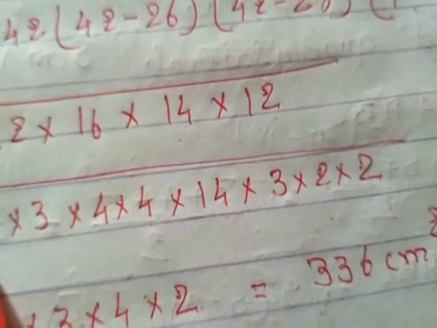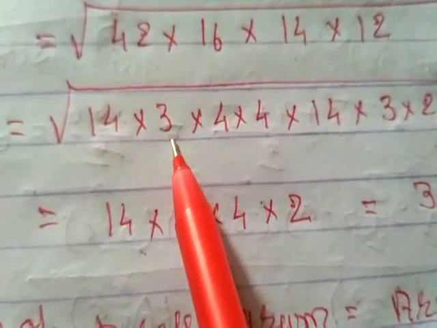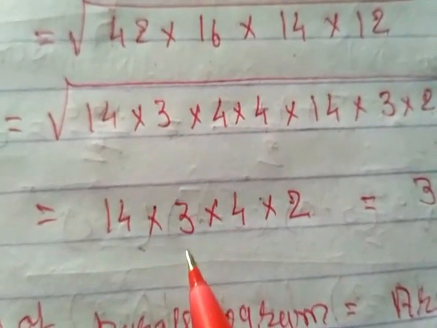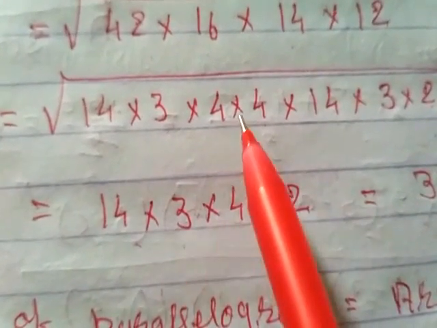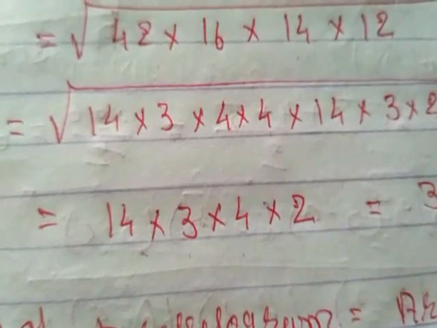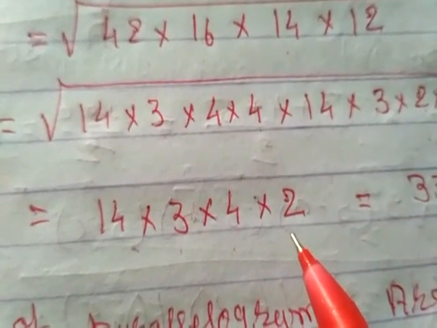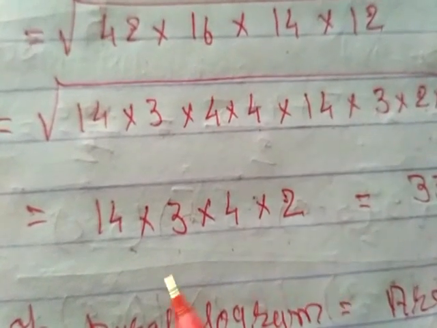Now we can see that 14 is in pair, so take out 14 from the square root. Since 3 is also in pair, take out 3. Since 4 is also in pair, take out 4. And since 2 is also in pair, take out 2.